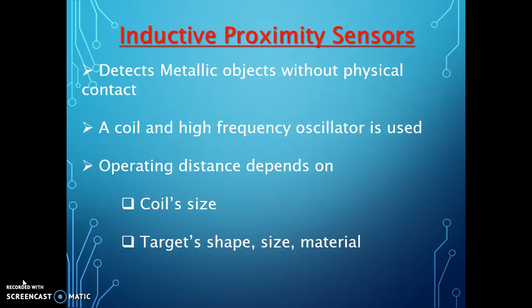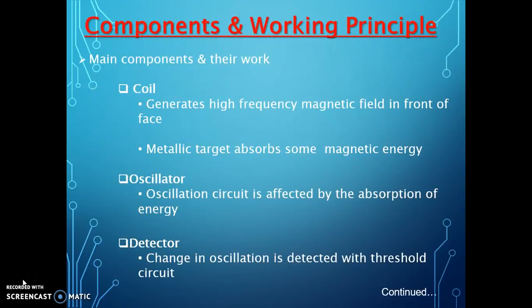Now the construction and working of the inductive proximity sensor. The main components are the coil, oscillator, detector and the output circuit. The operating distance of the sensor depends on the actuator's shape and size, and it strictly depends on the nature of the material.